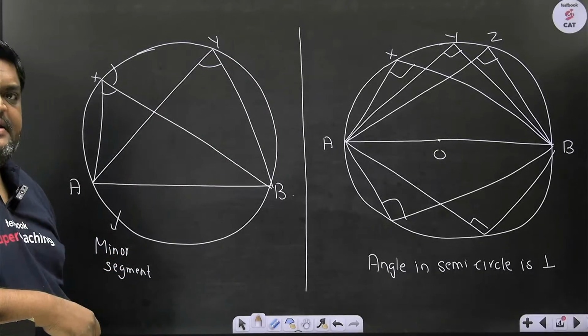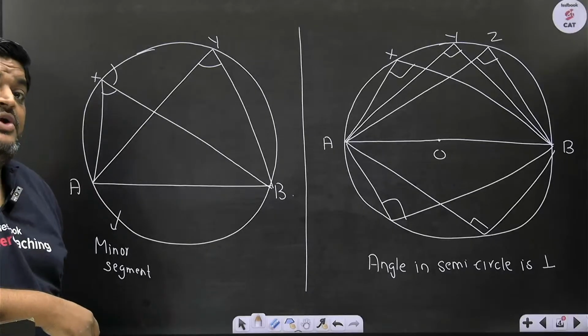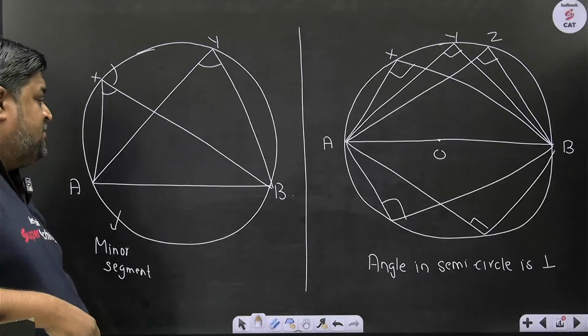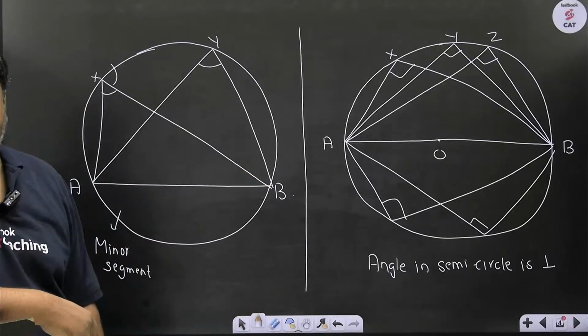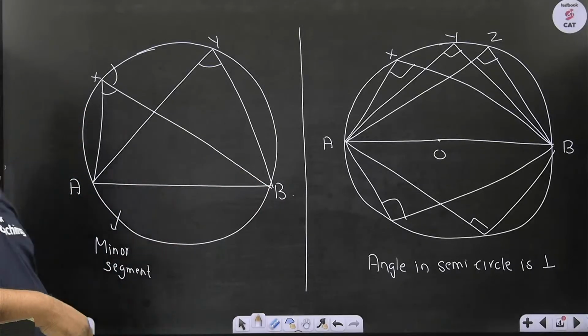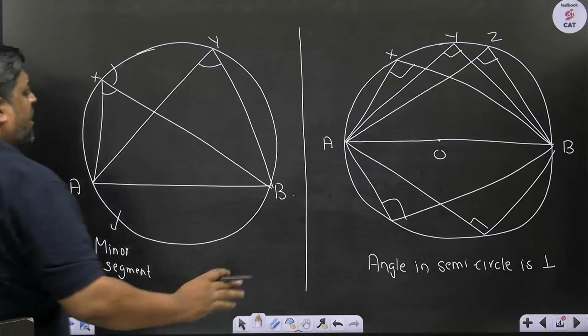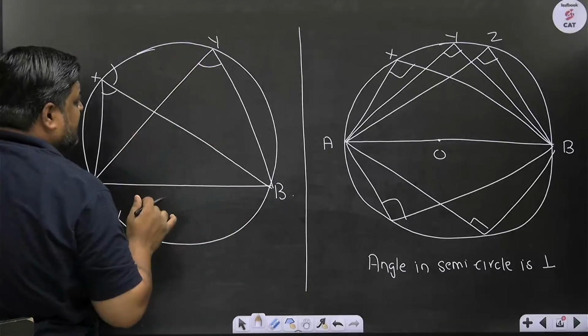Angles in the same segment are equal when drawn from the end points of same chord.